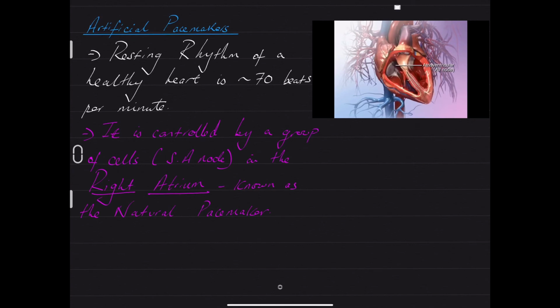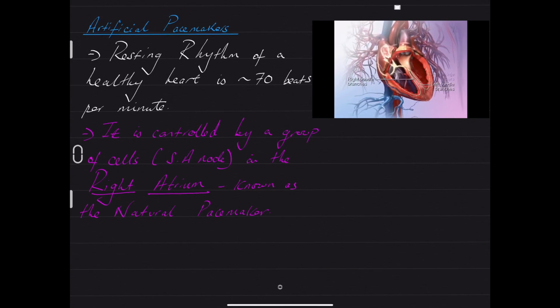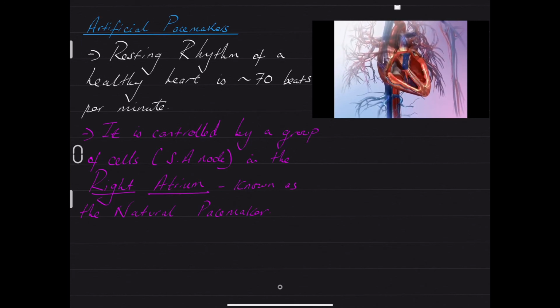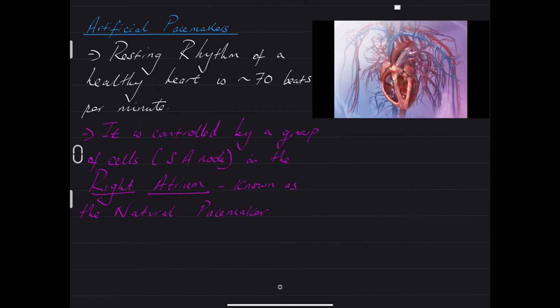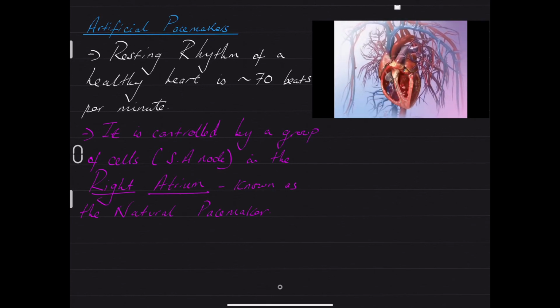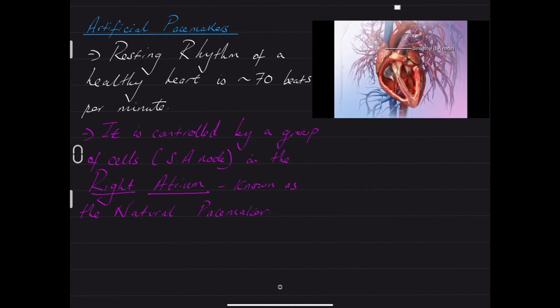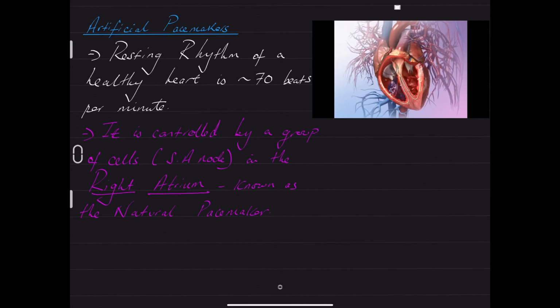So this rhythm that is regulated via the sinoatrial node, the SA node, is to make sure that we're getting adequate levels of oxygen pumped around the body. And if there is any issues with how this impulse is being regulated in the heart, then we can get certain problems.